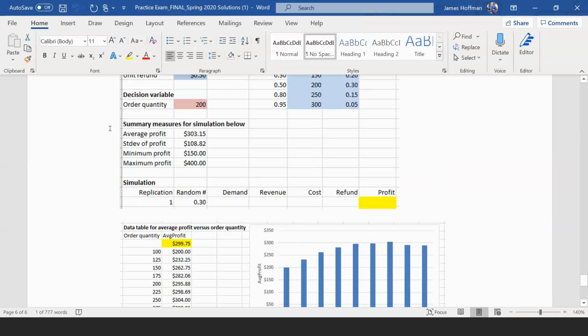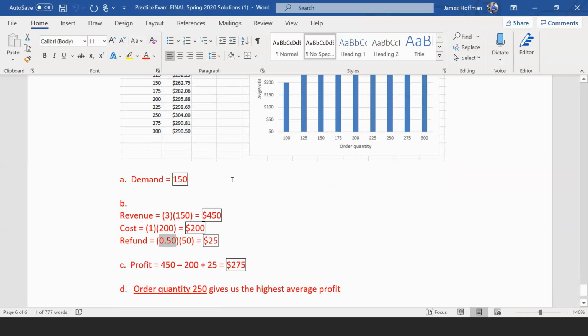And you want to compare order quantity and demand. So we ordered 200. Demand was only 150, so we have 50 less. We ordered 200, we sold 150, and that means we have 50 left. There wasn't enough demand, and so we can get a refund for the surplus of 50 at 50 cents per calendar.